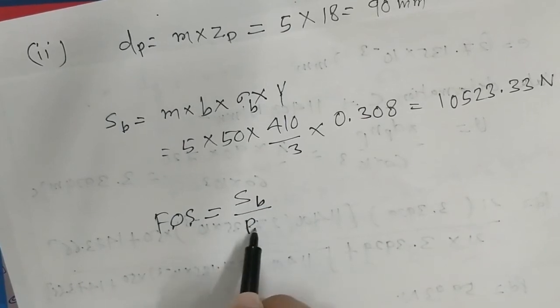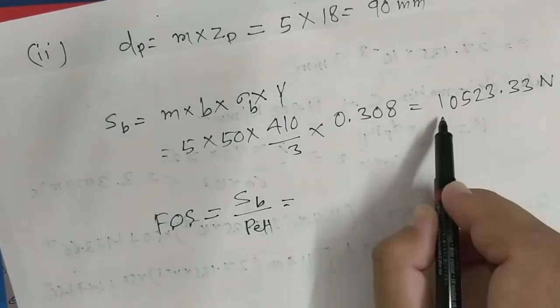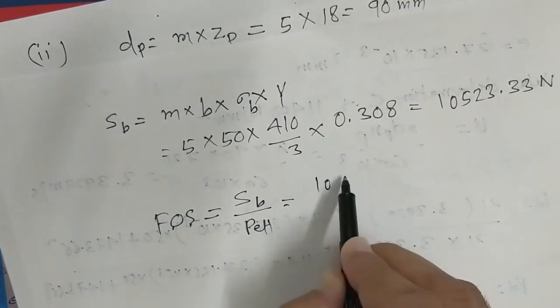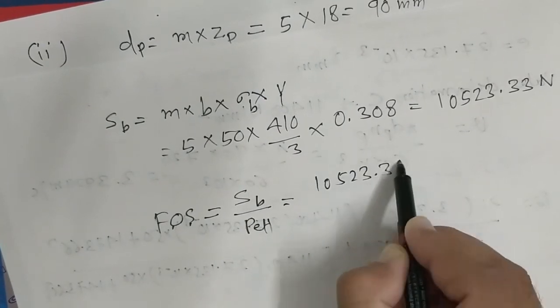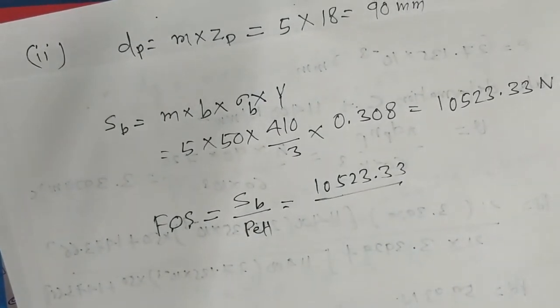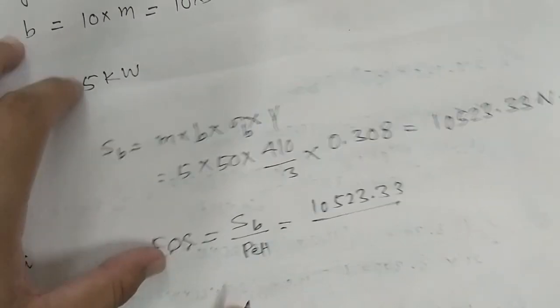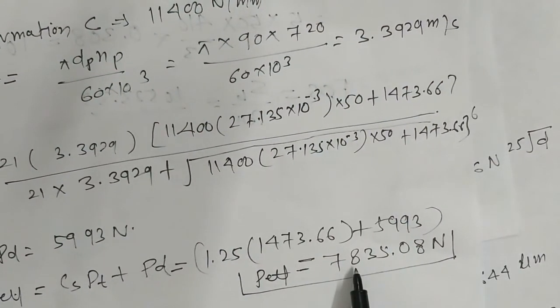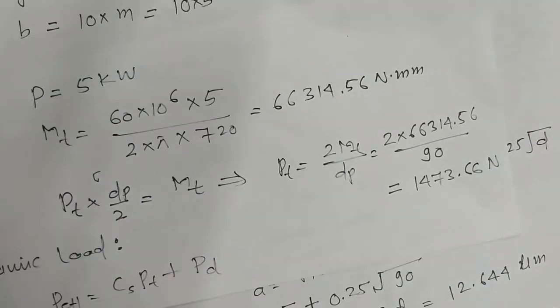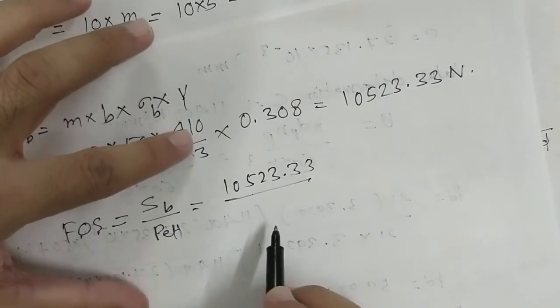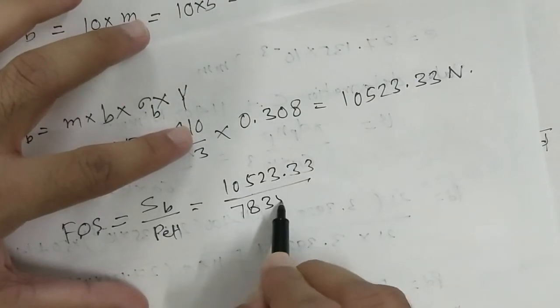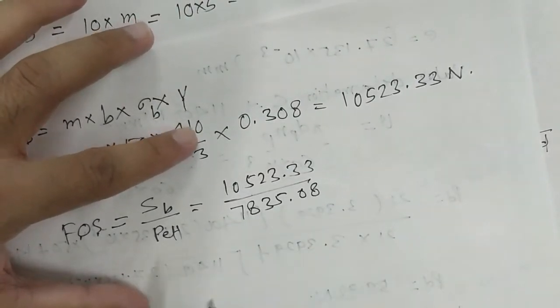So factor of safety can be given as SB over P effective. So SB is 10523.33 Newton and P effective we calculated as 7835.08.